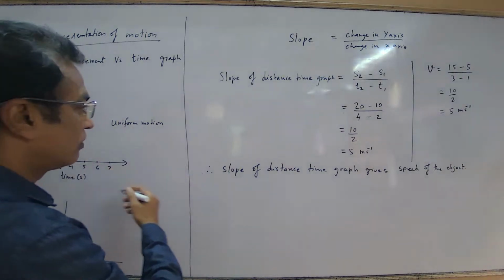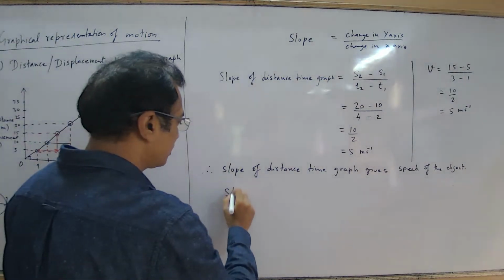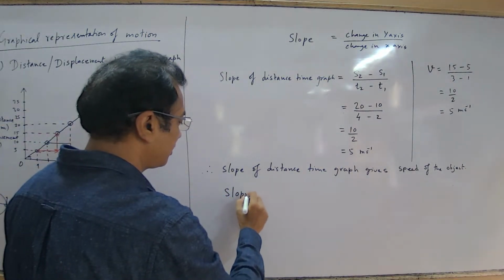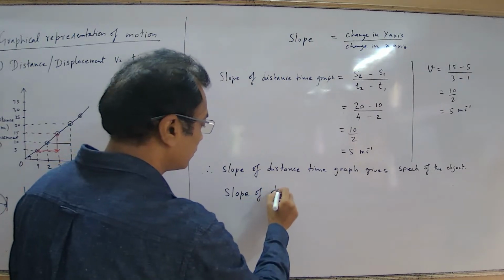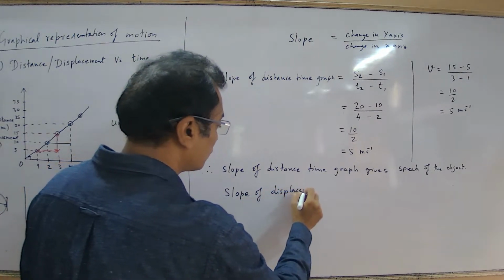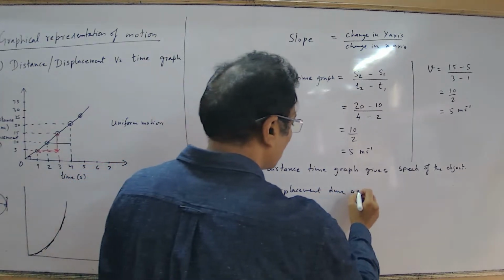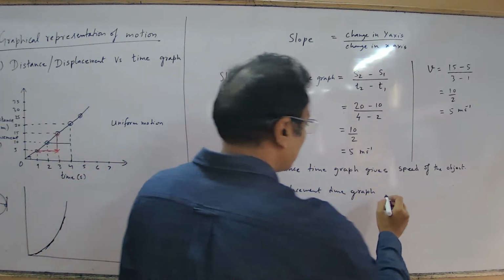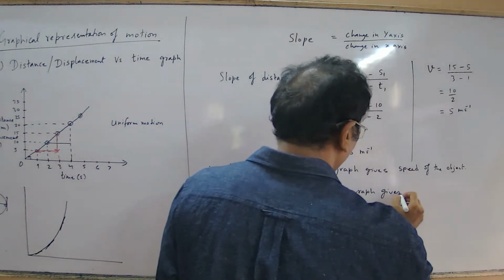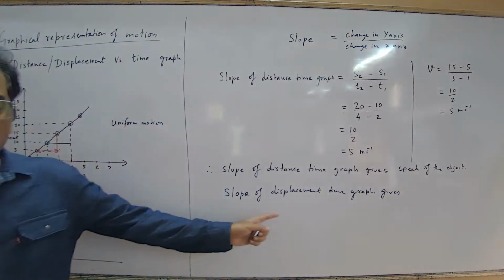Similarly, instead of distance, if it was a displacement and time graph, what is the slope of the displacement time graph?